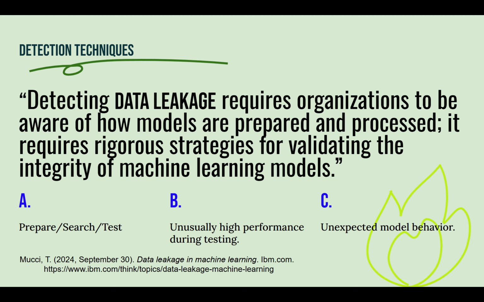For the prepare stage, this consists of properly splitting the data into training, cross-validation, and testing sets. If we do decide to use normalization on our dataset, it must be done separately. So we would normalize our training set separately from our cross-validation set and from our test set.